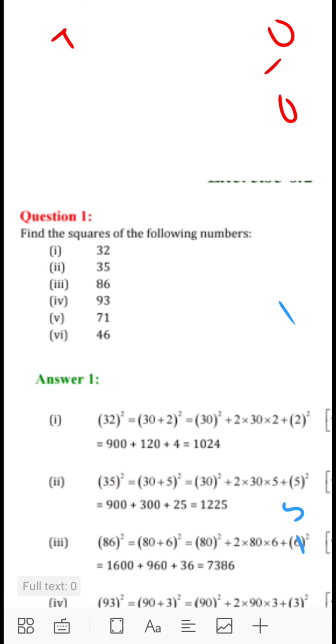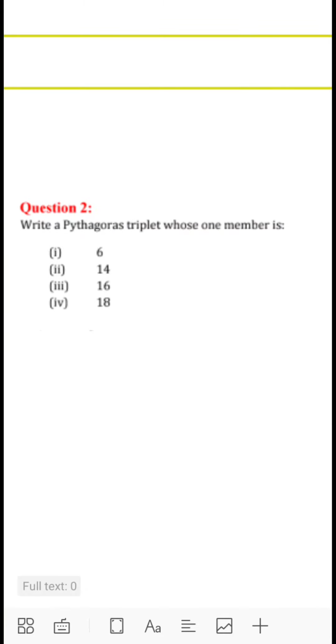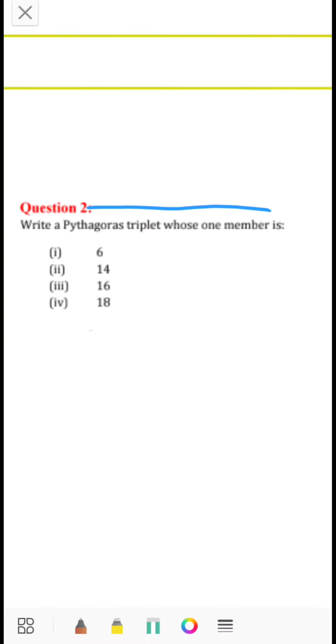Okay. Now let's have a look at how to solve question 2. So let's read the question first. Write a Pythagorean triplet or Pythagoras triplet whose one member is given.